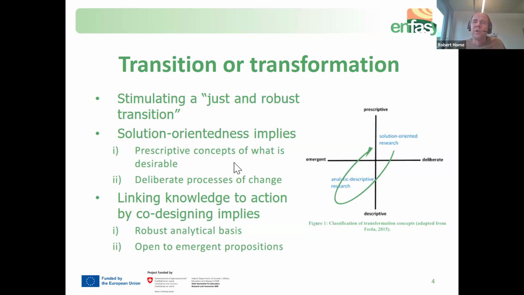But we found that we were in several quadrants inside this diagram at the same time. Sometimes we're talking about solution-oriented research, which is prescriptive and also deliberate. But other times we're talking about the collaborative or participative component of the project, and then we're suddenly talking about emergent. So emergent certainly had a place.